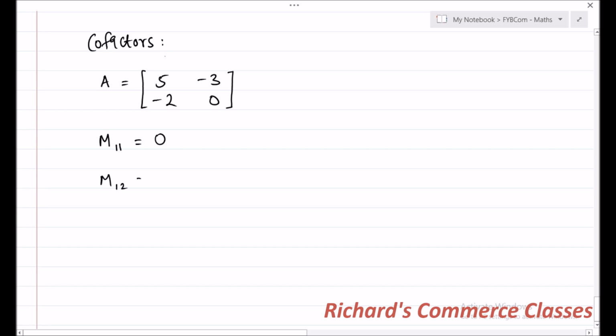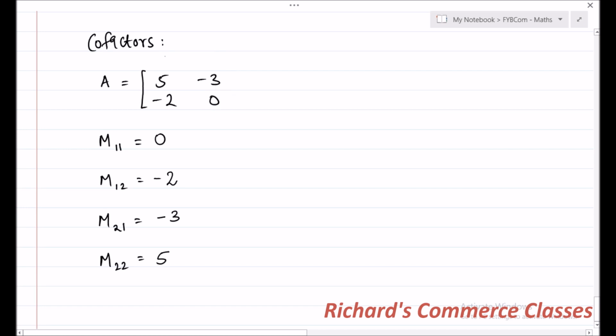M21 will be equal to, the element is minus 2, deleting the row and column, the minor is minus 3. And finally M22, the element is 0, so deleting the row and column, the remaining element is 5.